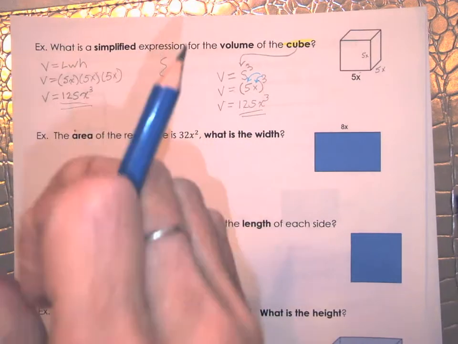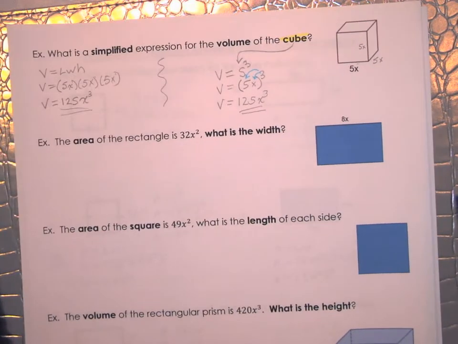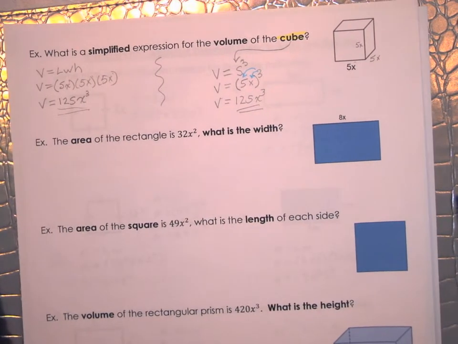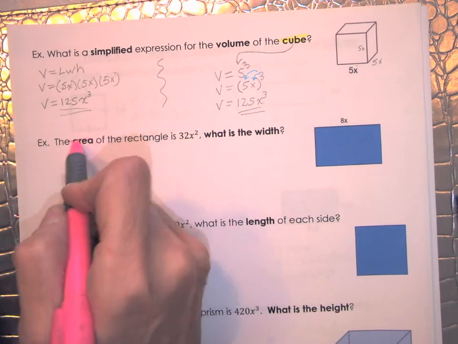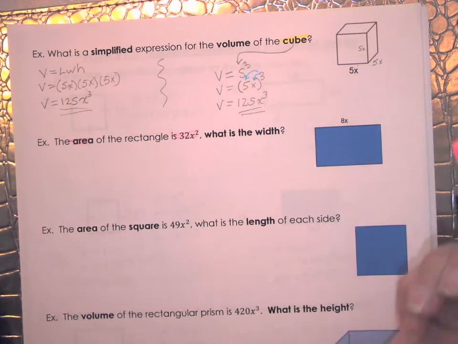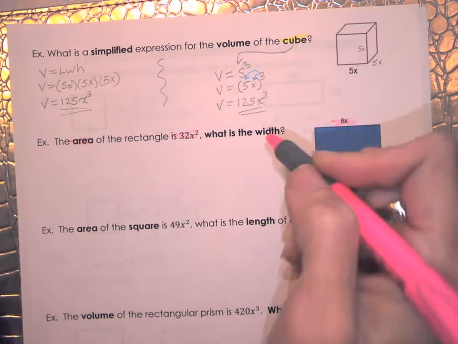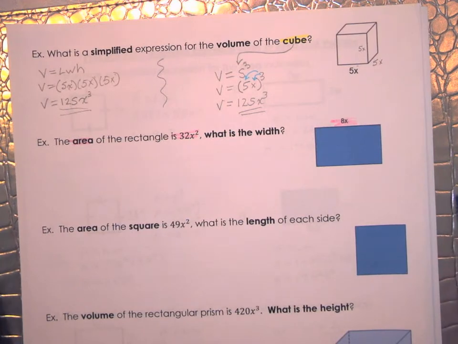All right, the next one. This time it tells you the area of the rectangle is 32x squared and asks you what the width is. So I'm going to show 2 ways to do this one as well. So it gives me the area and it gives me the length and it asks me what's the width.